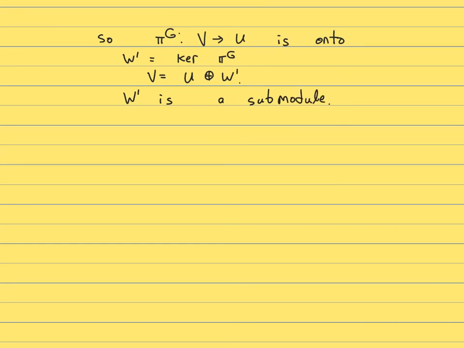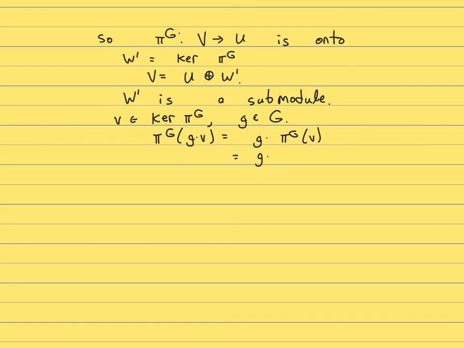So let's actually check that. Suppose v is in the kernel, and g is in the group. Then pi of g dot v, by definition of group action, you can bring the g to the outside.